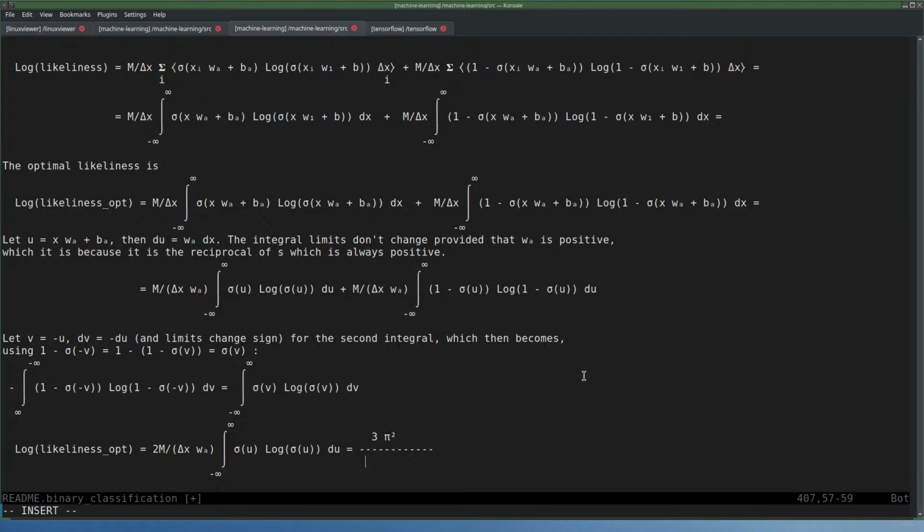Well, and we divide by delta x WA. Well, there's an M here also.